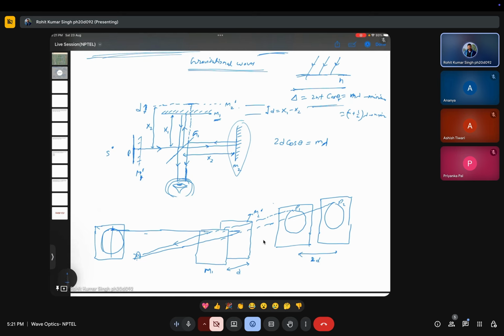Because the light is traveling D upwards and D backwards, 2D will be the distance between the images.